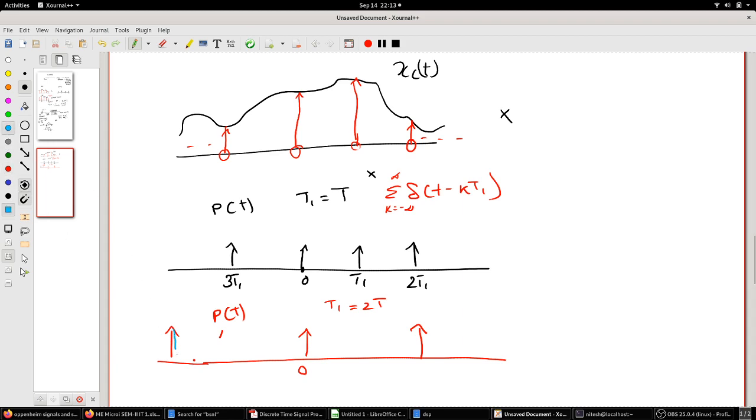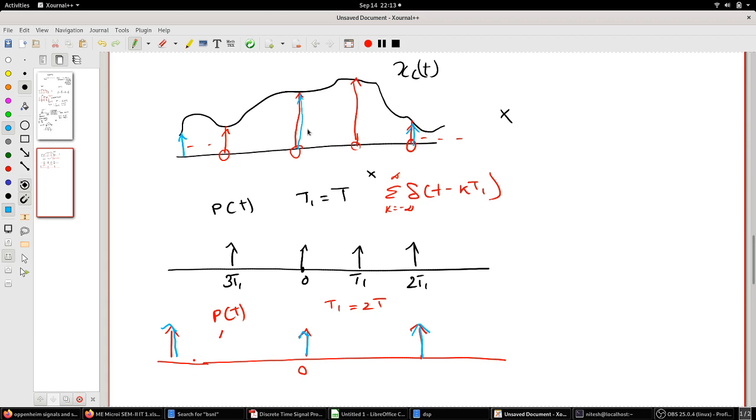So these are my new impulses. In this case, I am going to get the values at this instance, this one here, this one here, and this one here. So this is how my sampling is going to be.